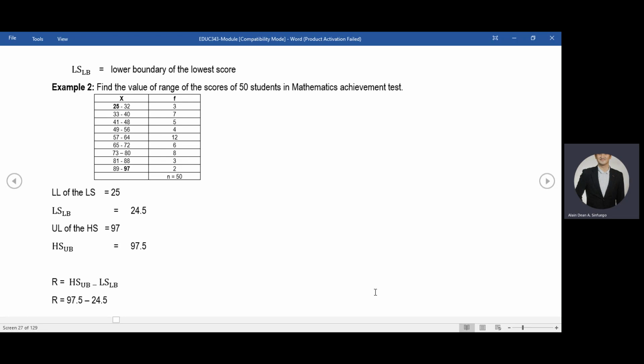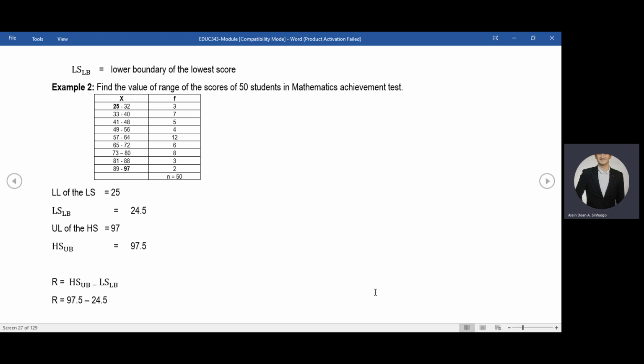Example, you have the scores of 50 students in a mathematics achievement test. You have the first column there, which are the class intervals. Okay, 25 to 32, 33 to 40, 41 to 48, 49 to 56, 57 to 64, 65 to 72, 73 to 80, 81 to 88, and 89 to 97.